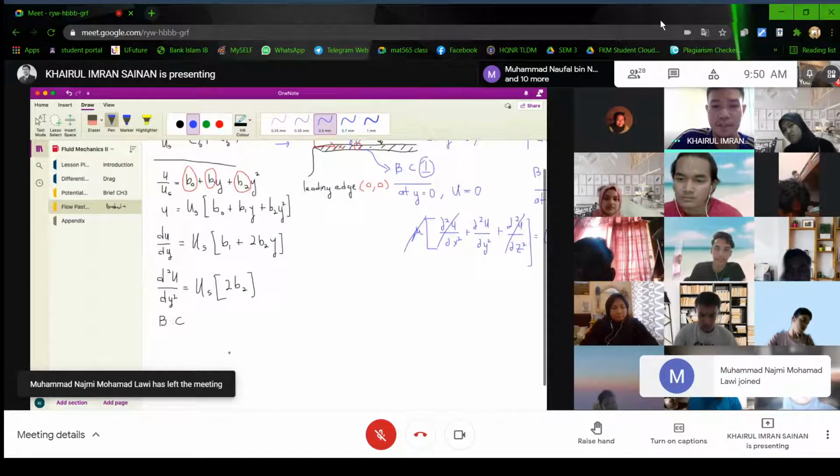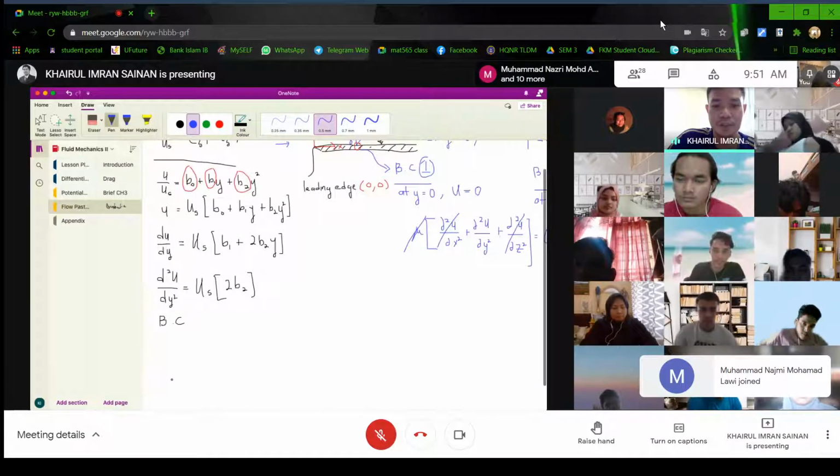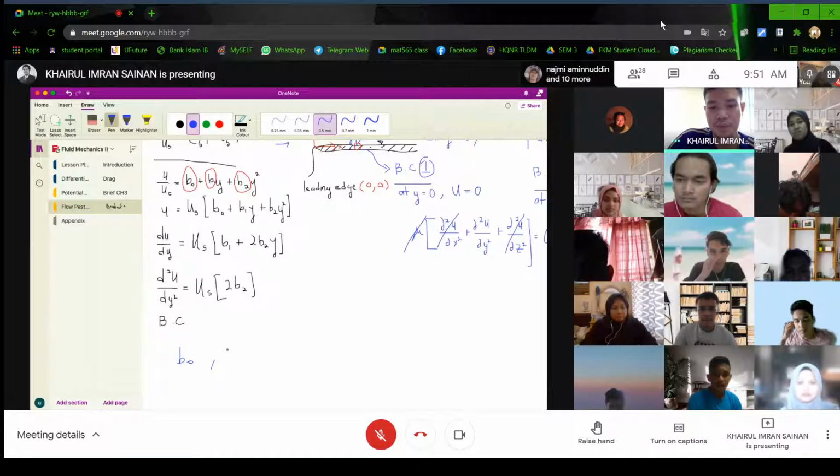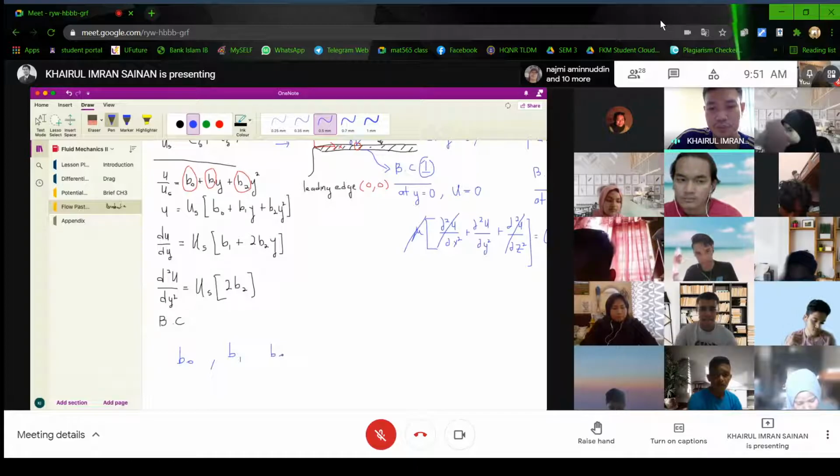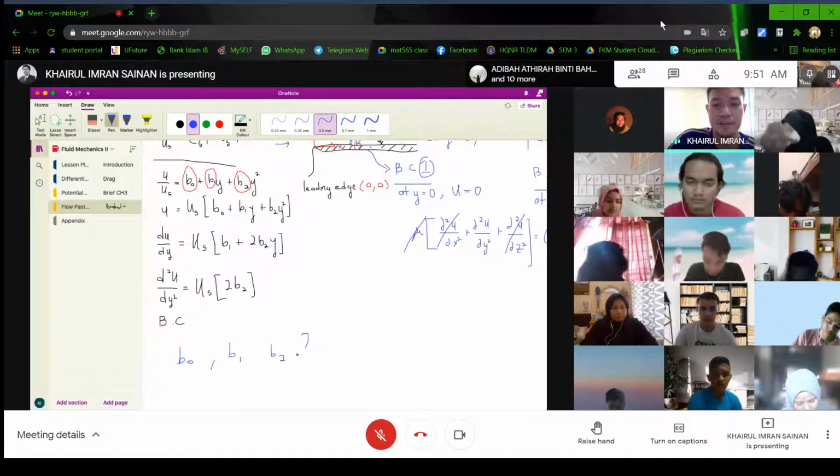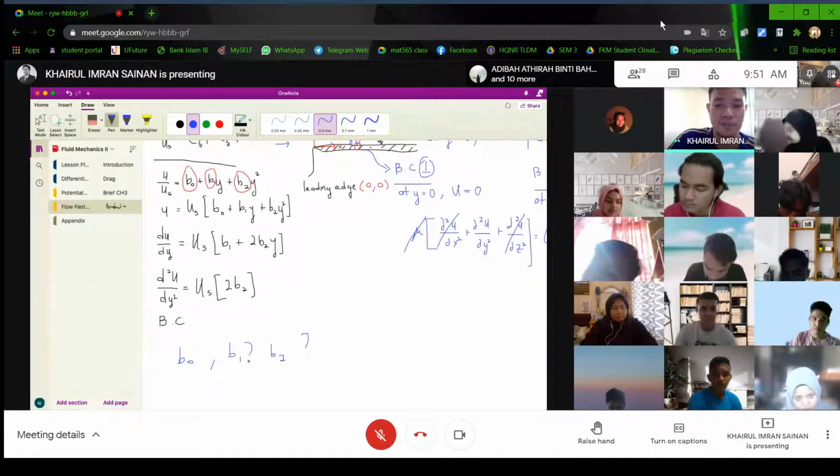By using these boundary conditions, please find B0, B1, and B2. Try to find it on your own.